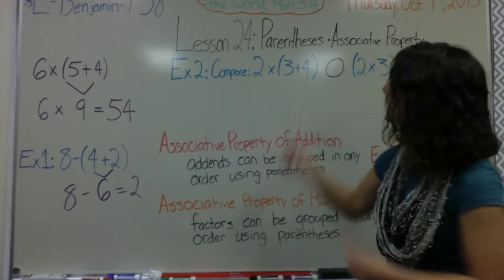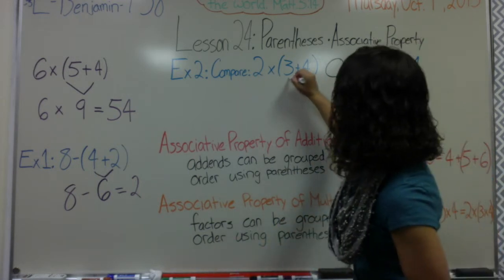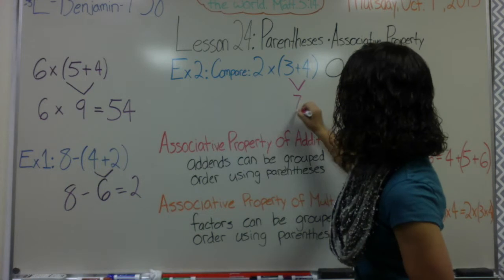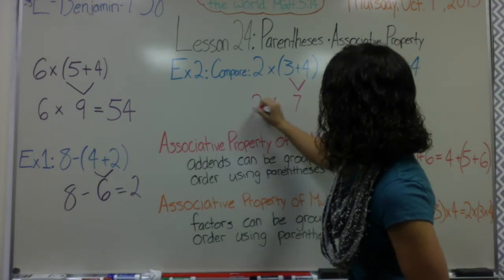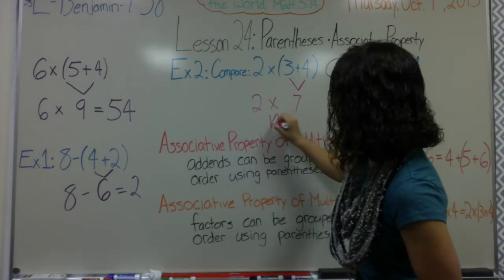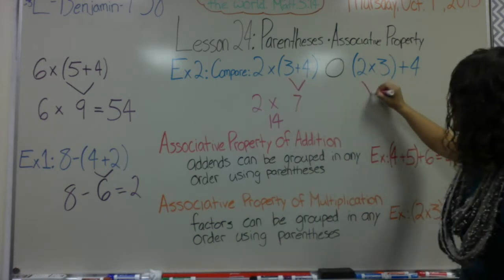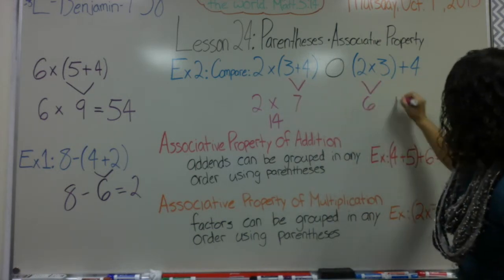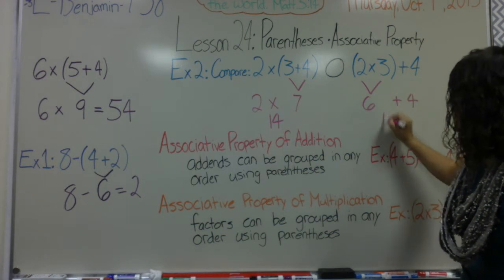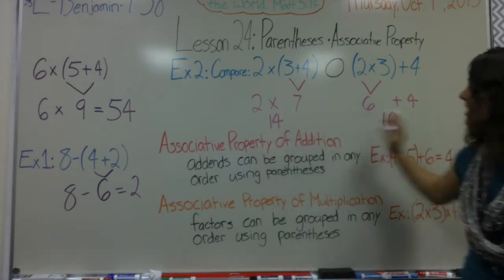Use pink. 3 plus 4 is 7, and 7 times 2 is 14. Now let's look at the other side. 2 times 3 is 6, and 6 plus 4 is 10. So I'm comparing 14 to 10.